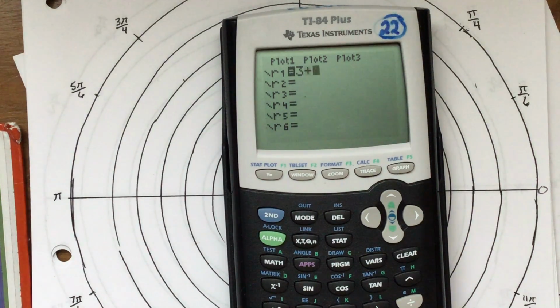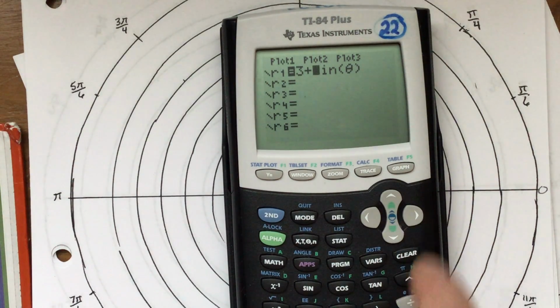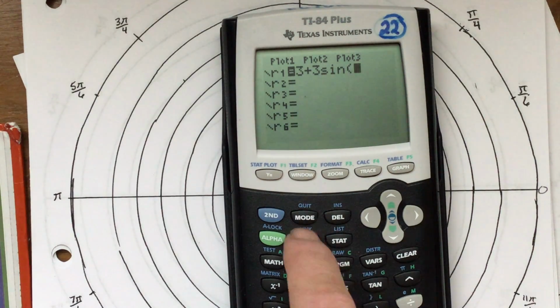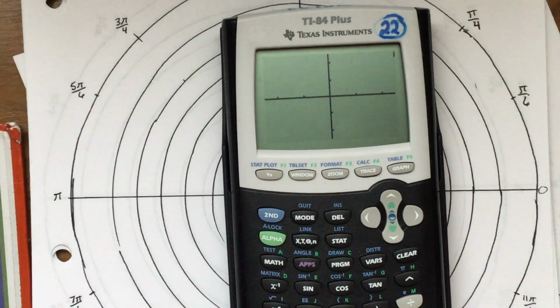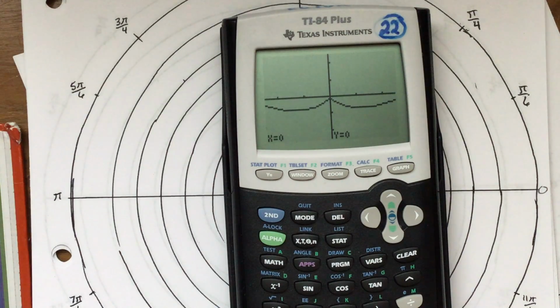Let's do 3 plus 3 sine of theta. Zoom out. There it is. Your graph should look somewhat like that.